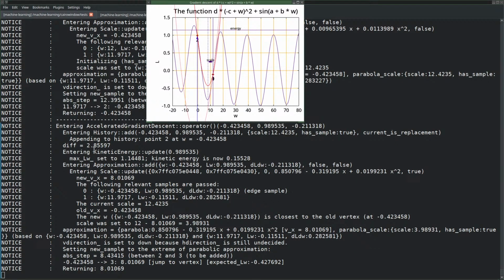So in this case it's positive 2.8, and that is the distance from the bottom of the prediction here to the actual measuring point, which is huge. So this step should be rejected. It is considered to be too big.